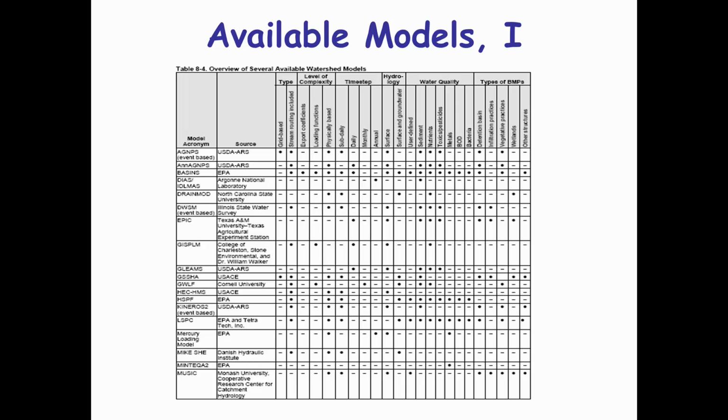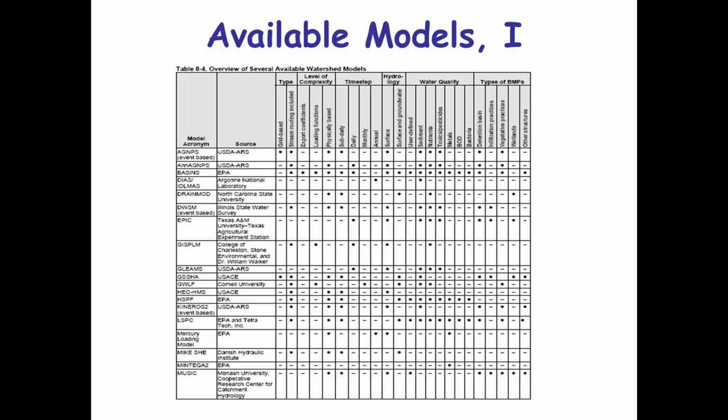Some available models. This is a very big list of models that are available. The AGNPS model, for instance, the annualized AGNPS, BASINS, just reading some of those, the acronym that's given for each of these models, the source, who developed it, where it was developed, and then the type of model, whether it's a grid-based model or a more lumped parameter model, the type of complexity, the time stepping, is it sub-daily, daily, monthly, or annual?